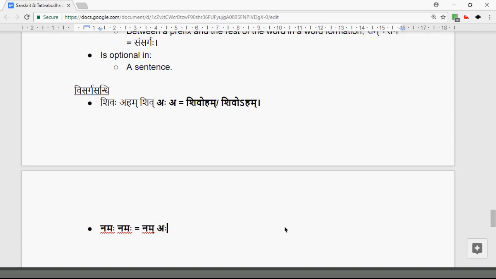Nam plus A plus Visarga, and there is a Na letter here. This is Nakara and Amaha. I am just breaking this word. The Sandhi is between this A, Visarga and Na. This Nakara is a Hush letter.